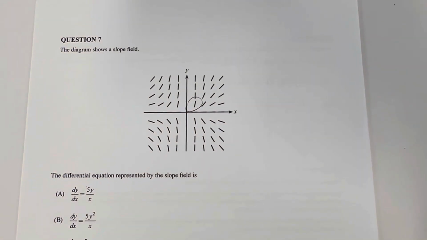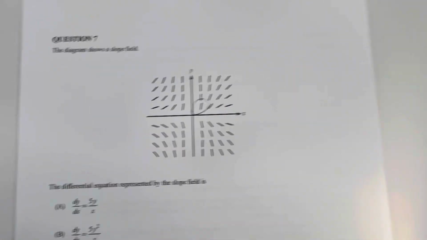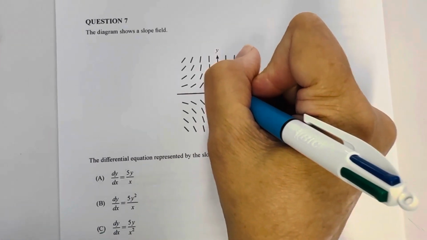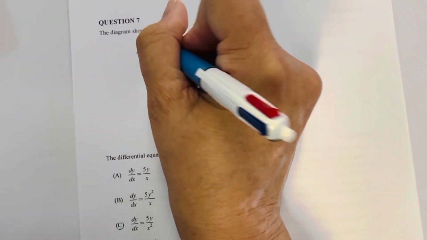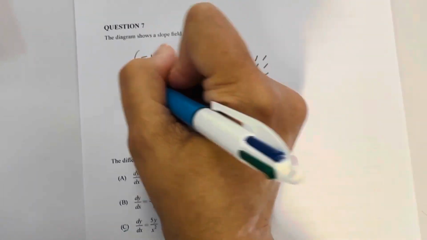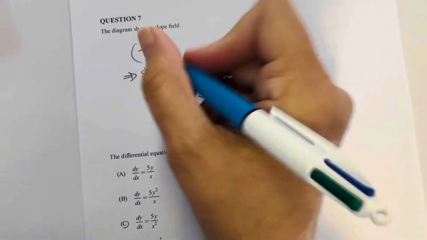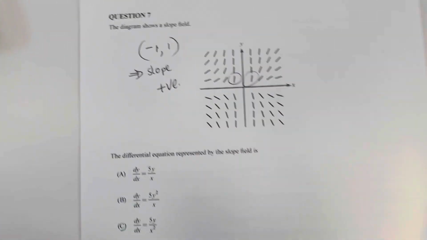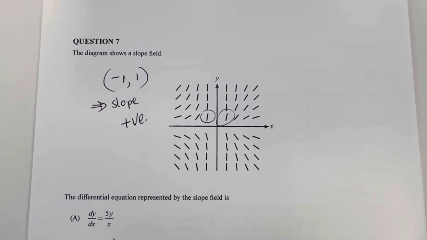Looking at a point in our first quadrant does not help us. If we look at a point, say in our second quadrant, so a point such as -1, 1, the overall slope is still positive.